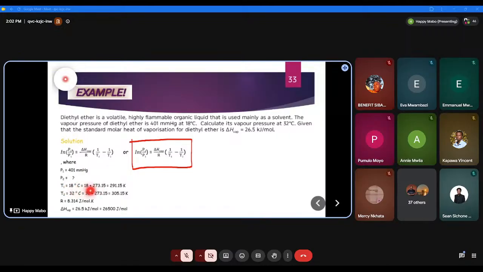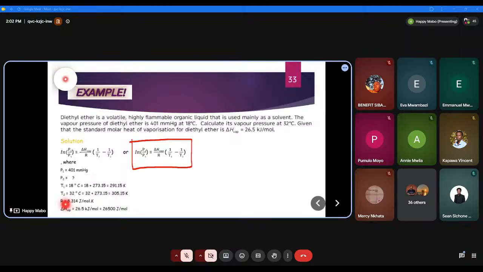So we add 273.15 to each of these, and we get 291.15 as the initial temperature, and the final temperature as 305.15 kelvins. The value of R is 8.314 joules per mole per Kelvin.